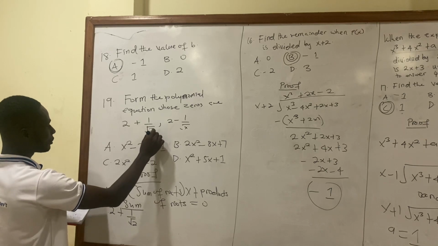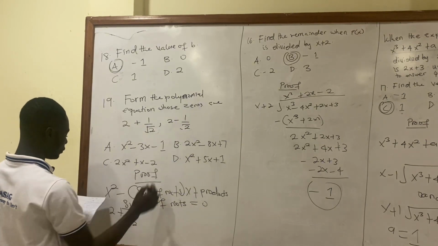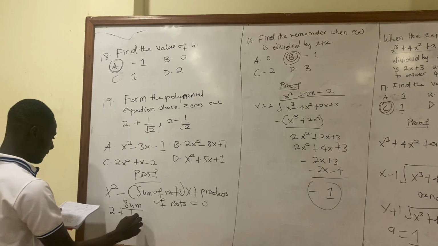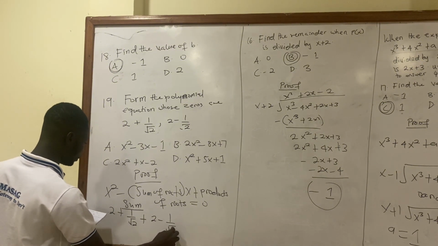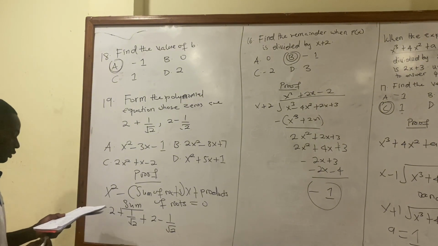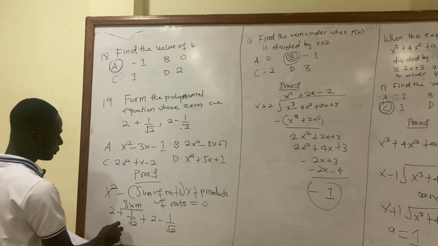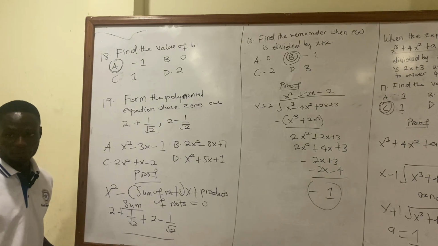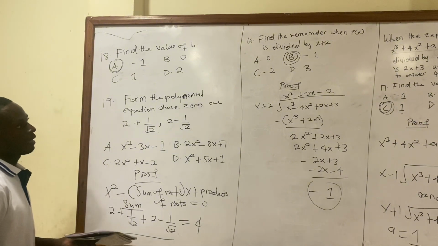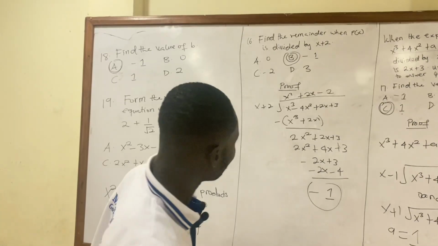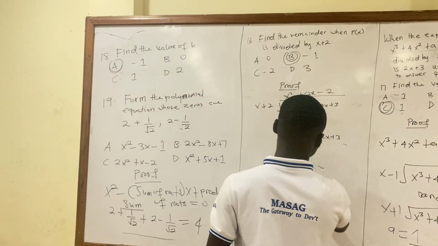This is 2, and this is also 2, plus 2 minus 1 over root 2. Alright, so when you sum this very well, you have 4. And then we look at the product aspect as well.